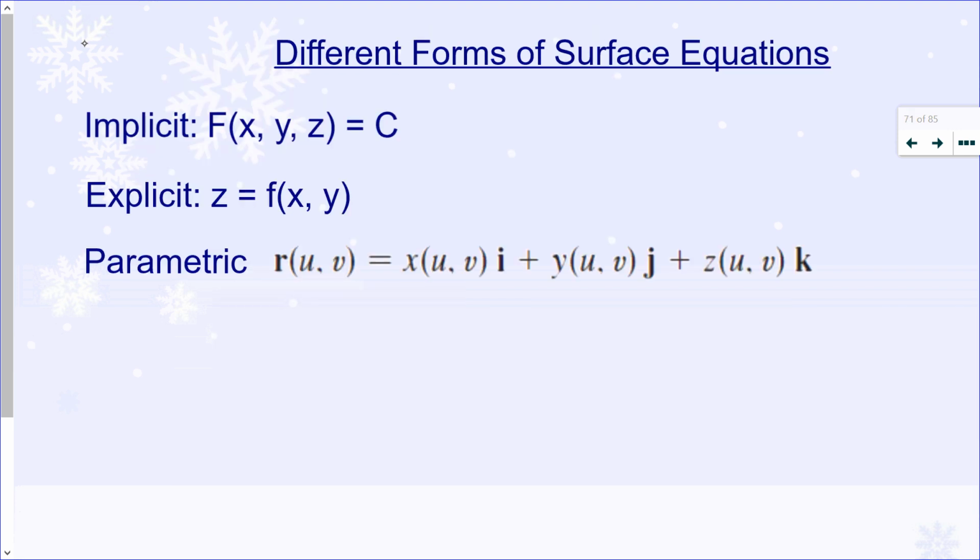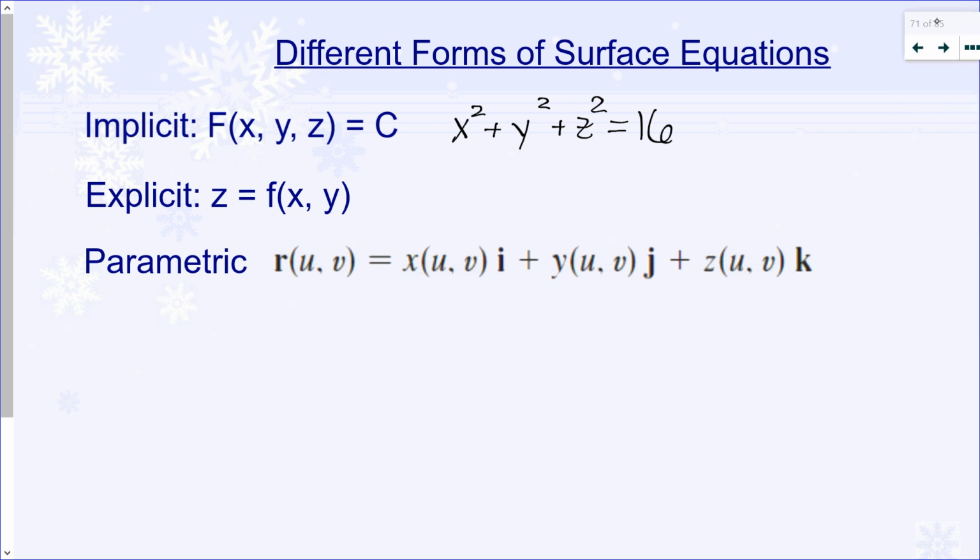So far, we have worked with different forms of surface equations. For example, if we look at a sphere, we have looked at it in terms of an implicit form, where all of the variables are on one side, such as x squared plus y squared plus z squared equals some constant c. So, for example, for a sphere of radius 4, we could write it in implicit form, where again all of the variables are on one side and a constant term is on the other.